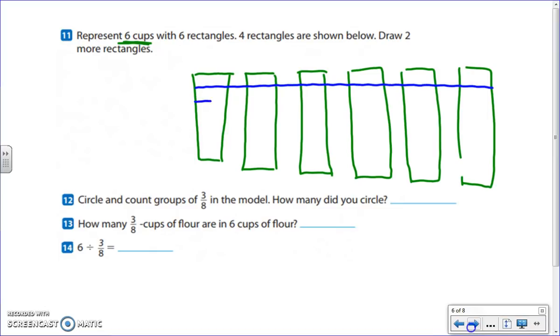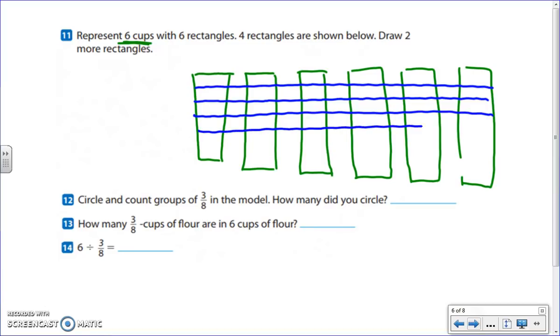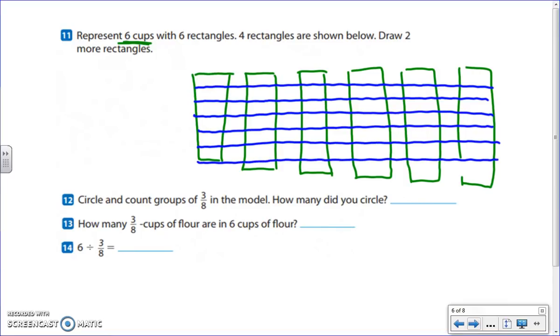There's 1, 2, 3, 4, 5, 6 pieces, 7 pieces, 8 pieces.